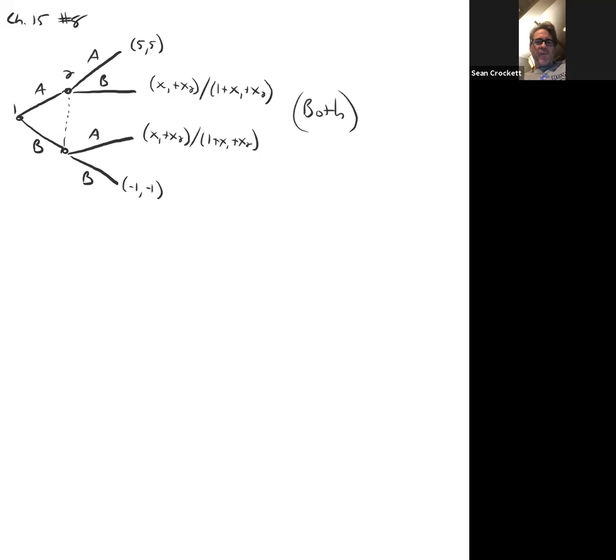So if I take x2 as given, what is my payoff? If I pick 0, then I'm going to get x2 over 1 plus x2. And so I should pick the biggest number possible.